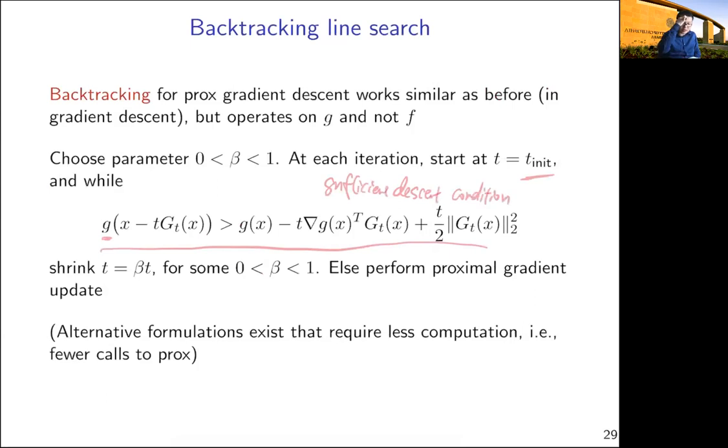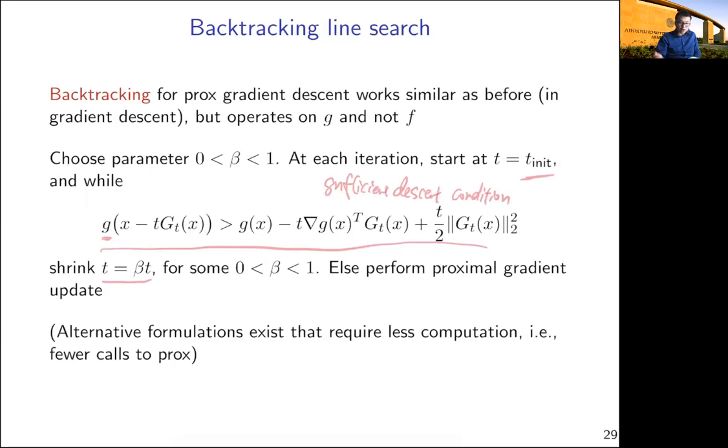If this sufficient descent condition is not satisfied, then you make t smaller by a factor of beta, two times smaller for example. That happens to be an adaptive choice of learning rates that does not require any additional tuning parameters for this algorithm to work.